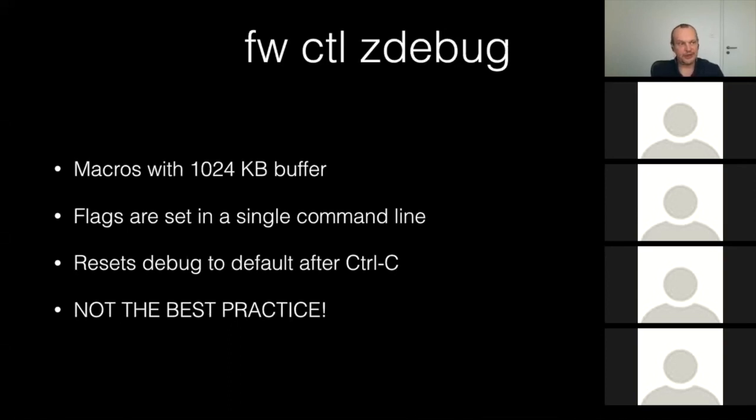It's really hard to add flags on the fly. And because of this buffer size, it's maybe even dangerous when you run it in the production environment. So, personal opinion on this matter, not the best practice.